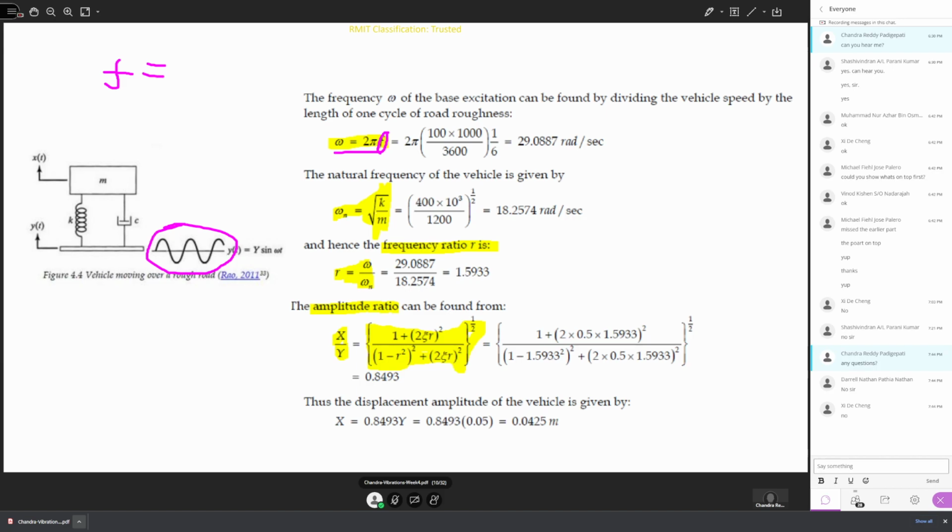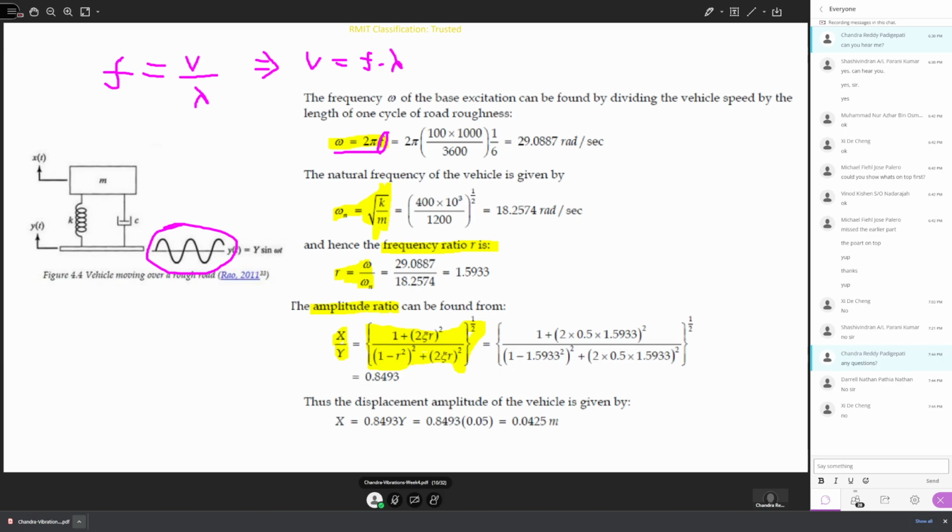The frequency can be given as velocity over lambda. If you have studied secondary school or polytechnic physics, we can relate the velocity of a wave with frequency and wavelength. Velocity equals the frequency multiplied by the wavelength lambda.